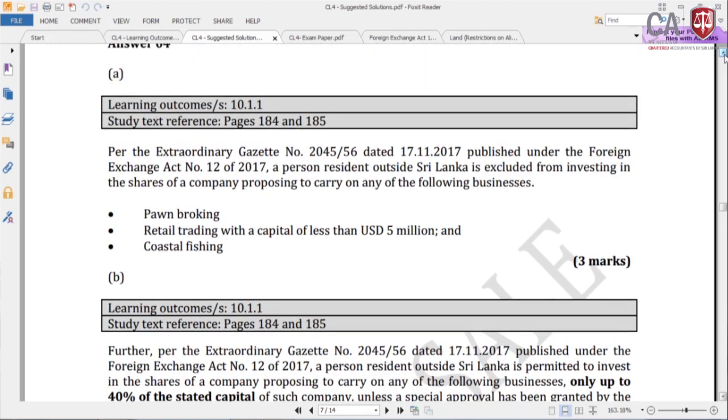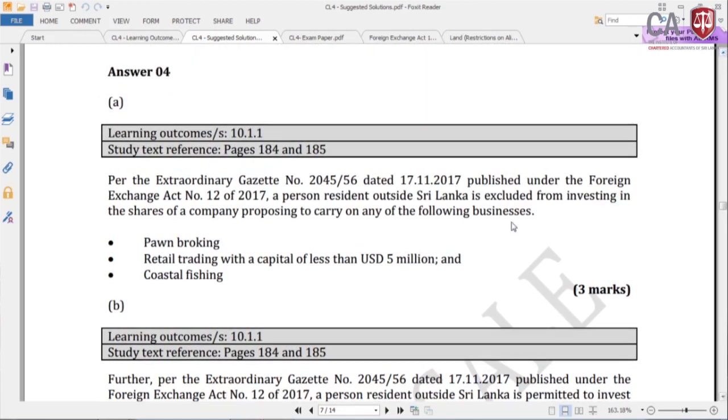So, this is how you need to answer. Per the Extraordinary Gazette number 2045/56 dated 17/11/2017, published under the Foreign Exchange Act number 12 of 2017, a person resident outside Sri Lanka is excluded from investing in shares of a company proposing to carry on any of the following businesses.